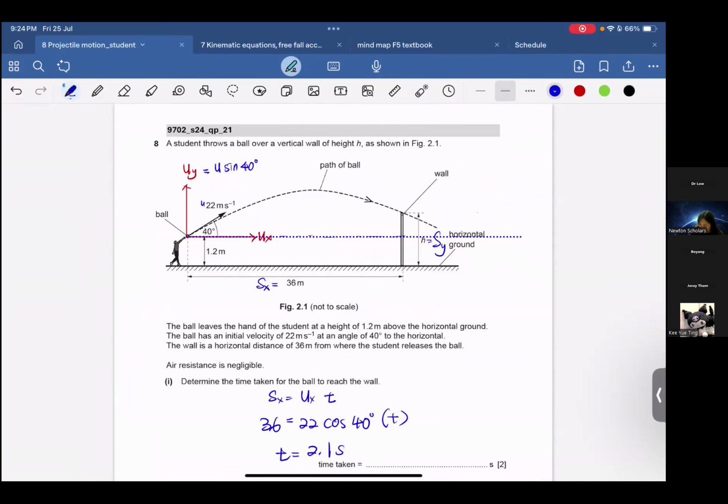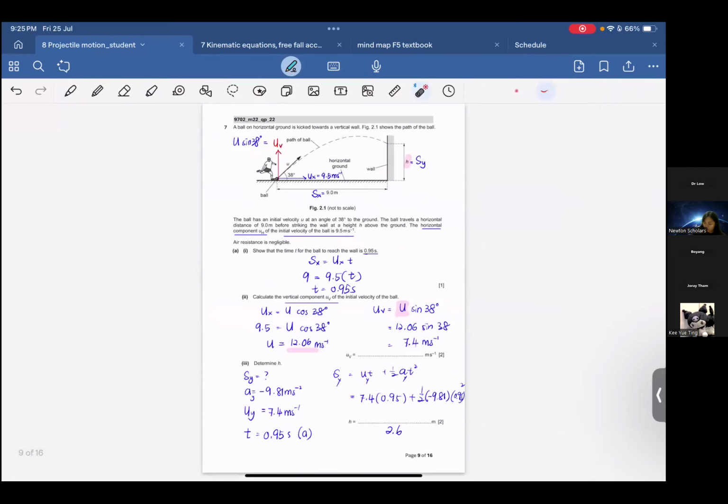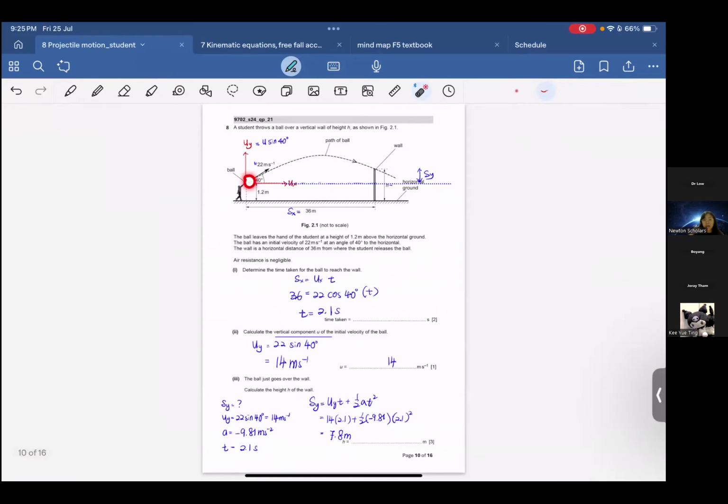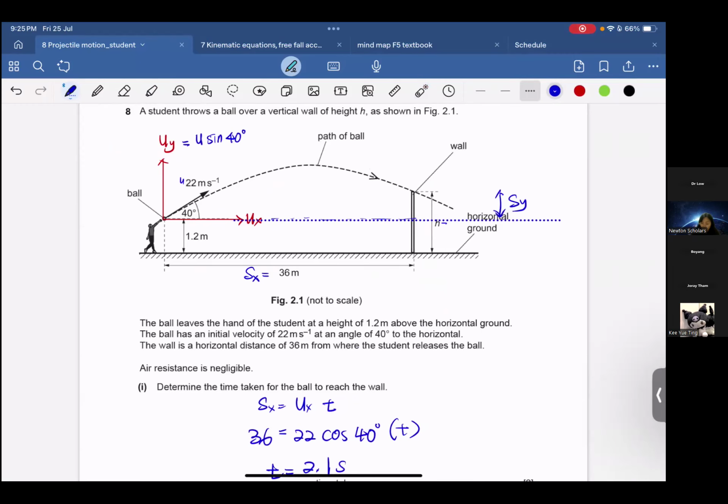They want to find total SY, but the SY that we calculate just now is actually this part. So this is something new that I want to tell you. Refer back to the question here. See, the ball is here. Right now, our ball is at a certain height already. So our SY that we calculate using the formula is here. Then what is your height, which is the total SY? It should be added up with this.